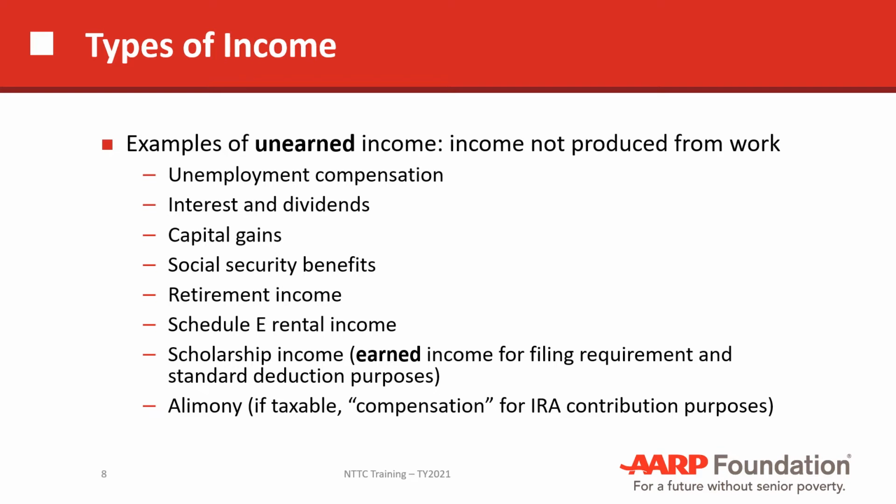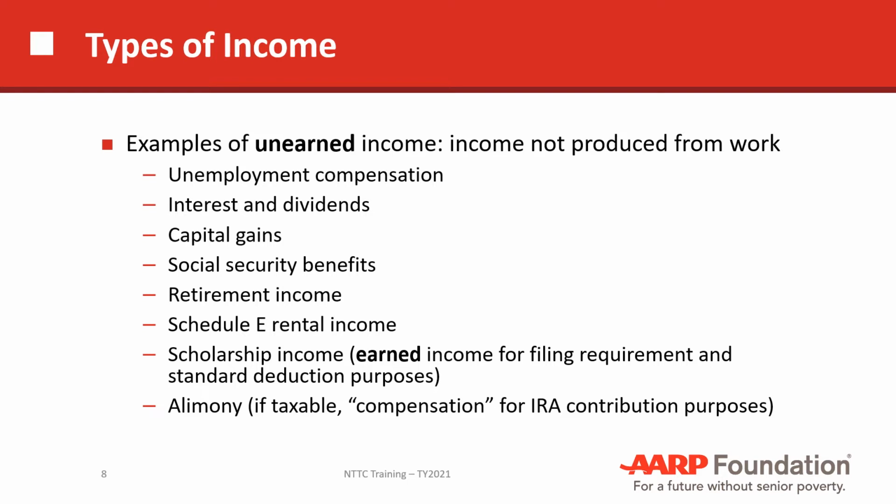Let's look at some examples of unearned income, which is generally income that's not produced from work. We have unemployment compensation, interest and dividends, capital gains, Social Security benefits, retirement income, and rental income on Schedule E. Now, scholarship income can actually be either earned or unearned, depending on what it's being used for.